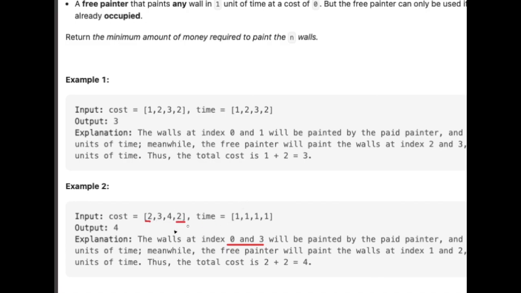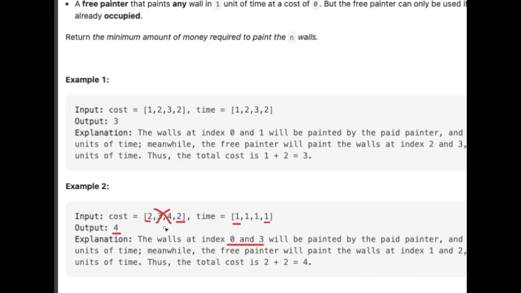After painting these two, we gain 2 units of time as well. So we can use that 2 time, 1 plus 1, to have the free painter paint the middle walls. That's why the answer is only 2 plus 2 equals 4.